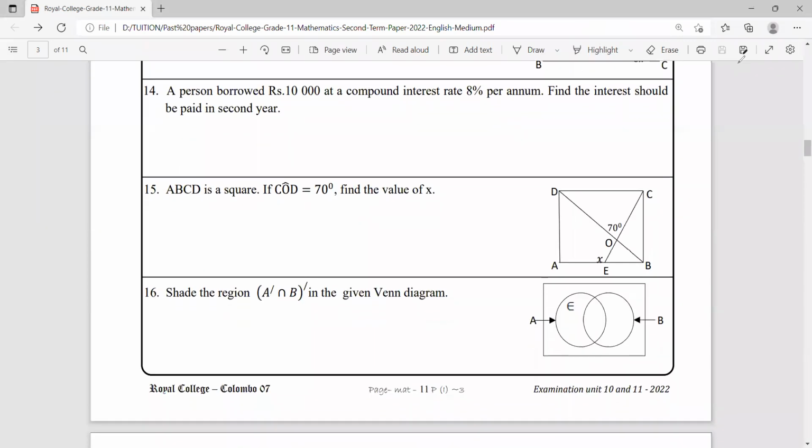A person borrowed 10,000 rupees at a compound interest of 8% per annum. Find the interest that should be paid in the second year. So we will find the capital for the second year. The capital for the second year is 10,000 into 108%, right?